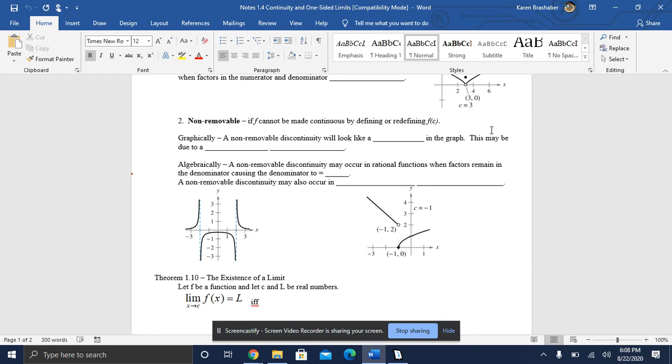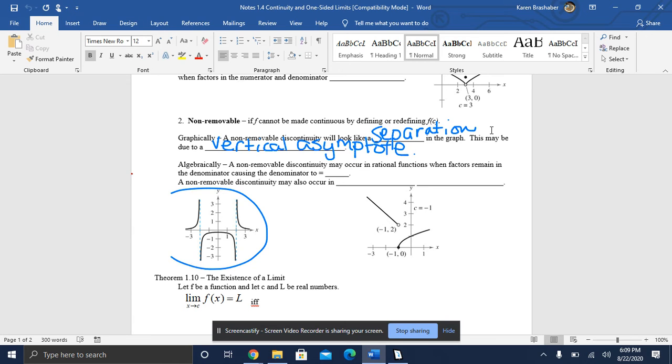I've given you a couple of graphs to look at below. The non-removable discontinuity is going to look like a separation in the graph. And this might be due to a vertical asymptote, and you see that in the graph on the left.